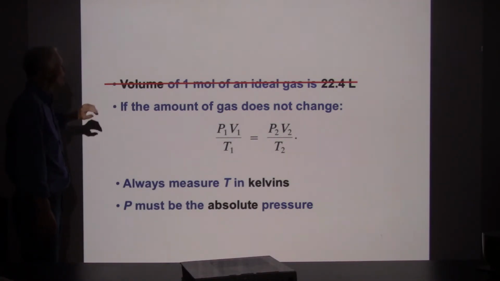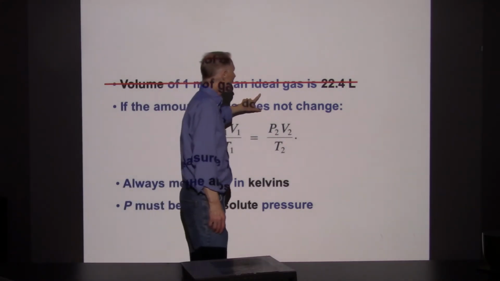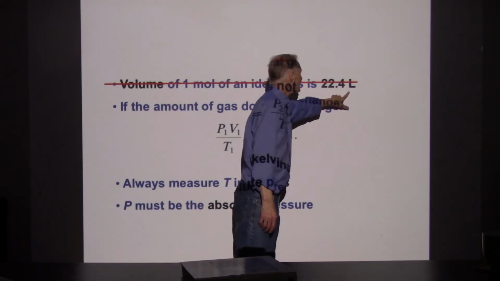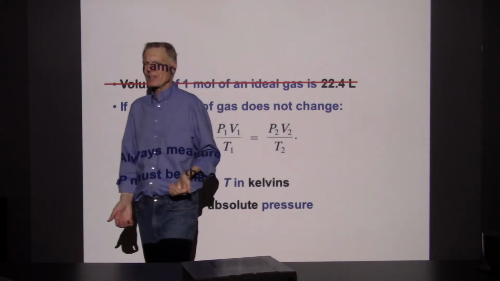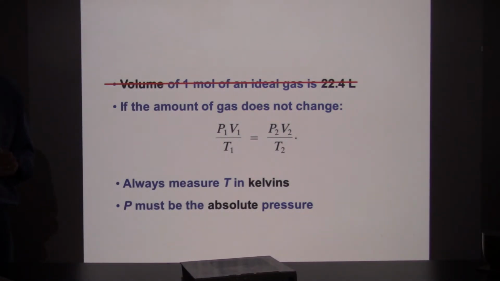They actually put in the notes that the volume of 1 mole of an ideal gas is 22.4 liters. No, it's not. That's only if the temperature was 0 and the pressure was 1 atmosphere. You can find different combinations of temperature and pressure that will work, but in general that's not true.